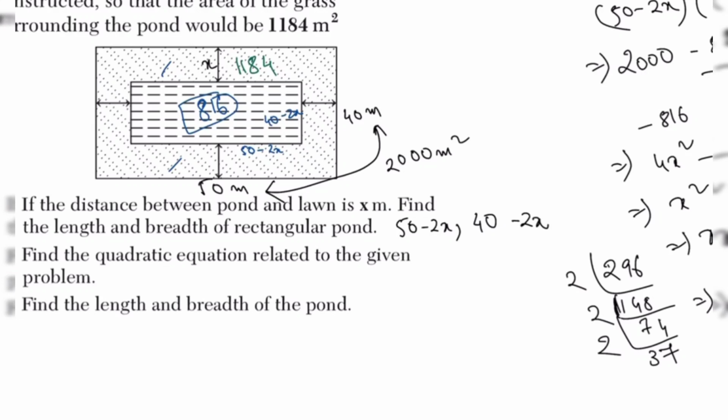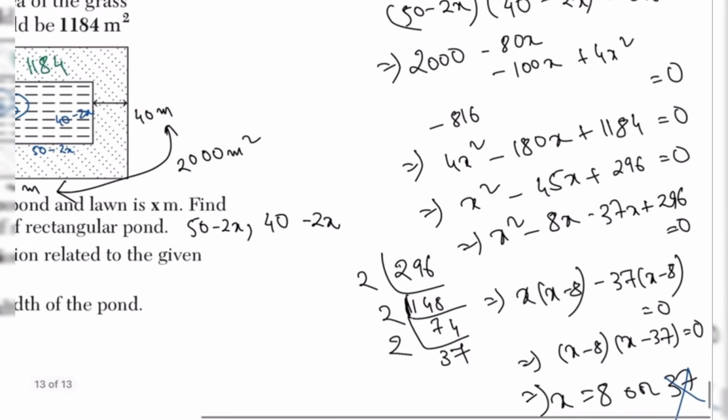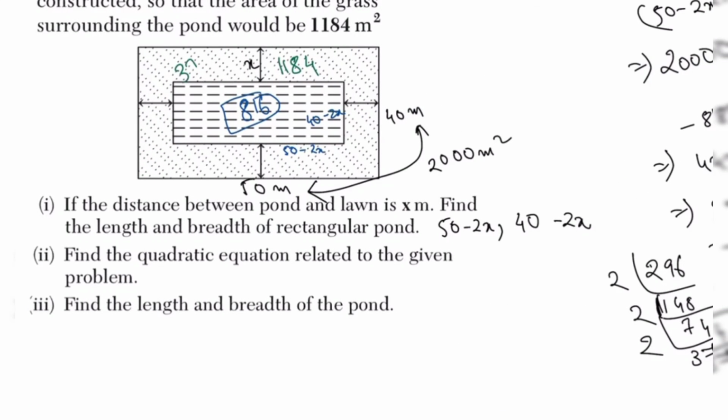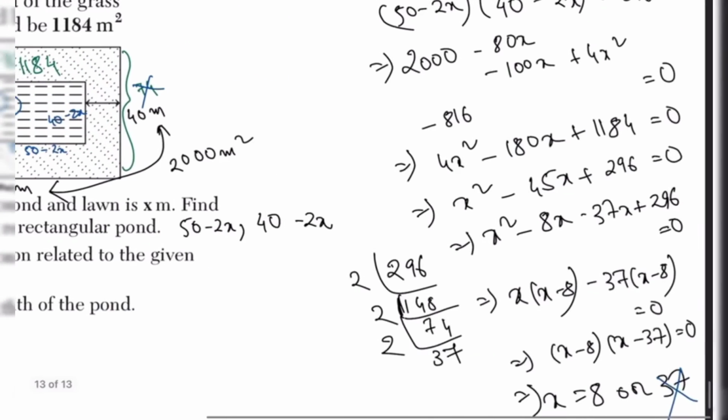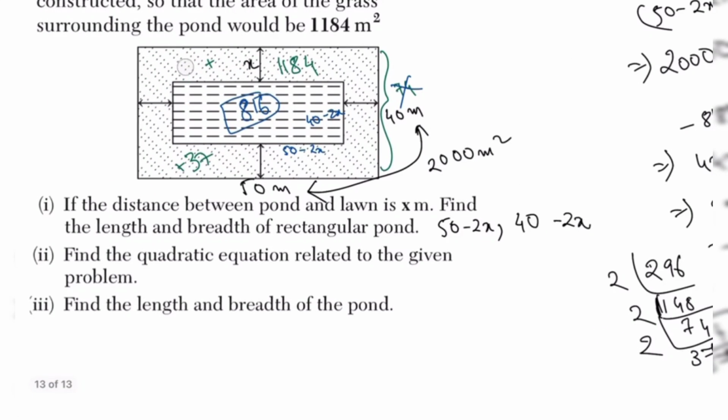So you have a total of 74 being deducted from the breadth, but the breadth is already 40. Let me just write it clearly. So if we had 37 and 37 here, 37 plus 37 is 74, and we have only 40 here. We cannot cut 74 out of this, right? So we must have x equal to 8.